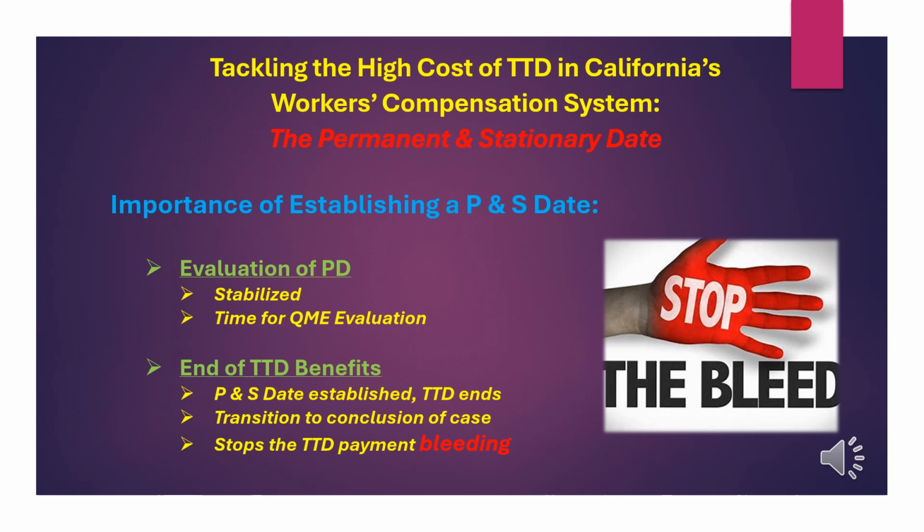Once an injured worker reaches the P&S date, their condition is considered stabilized and unlikely to improve further, which is the definition of permanent and stationary according to the DWC. It allows for an accurate evaluation of any permanent impairment or disability resulting from the injury, and it allows for a clear assessment of the injury's long-term impact.